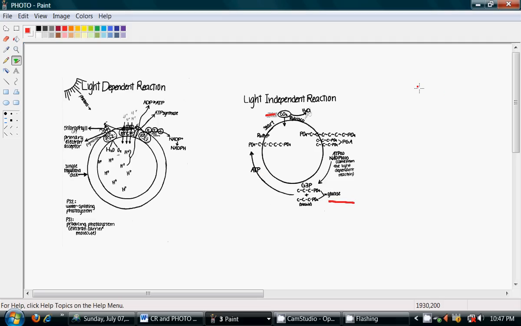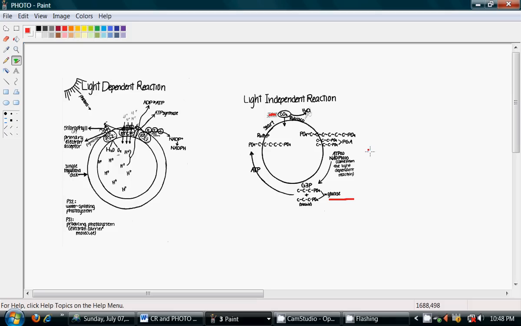That is, it's separated spatially. However, in CAM photosynthesis, like cacti and other desert plants, we take in CO2 at night and we make sugar in the daytime. So those different steps are separated temporally, or at different points in time.